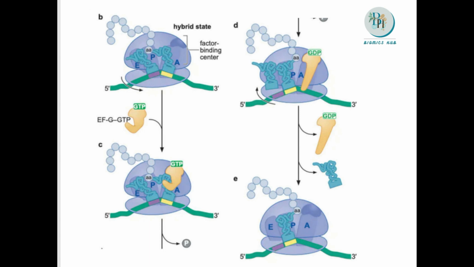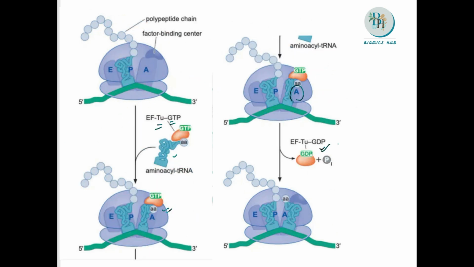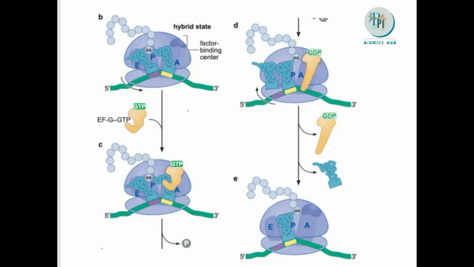Okay, the next process is the process of translocation. What do we mean by translocation? Translocation is a process where the tRNA from the A site is transported into the P site, and the tRNA which is present in the P site is transported into the E site. EF-G will help in translocating this structure.